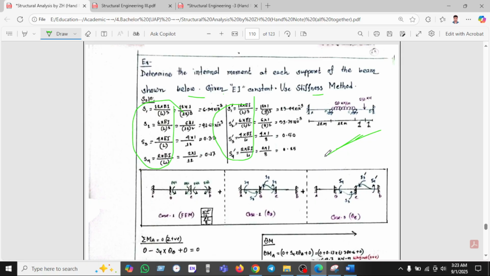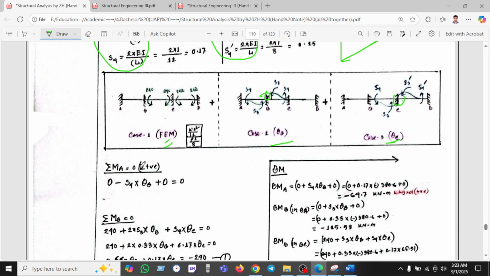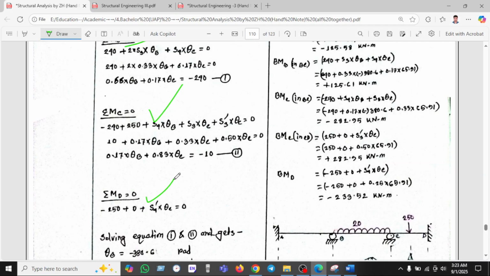So for this diagram we can find the fixed moment wl square by 12, and case 2 is theta b, we have been taking the rotation here, and another one we have shown the theta c, we have been taking the rotation here, and case 3 is here, and moment A and moment B, moment C have been found here, moment D also.